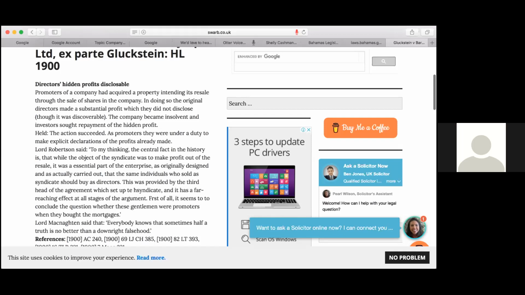Therefore, you state up front in your contract with the people, you give your disclaimer. She's in the process of forming a limited liability company. She would have to enter into a contract as the promoter of the company herself, absolving herself of any liability.